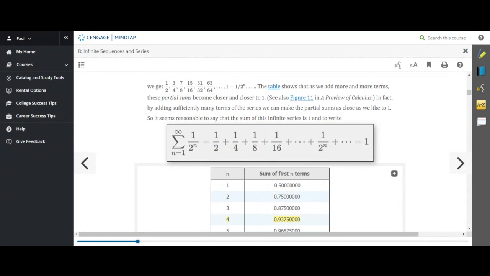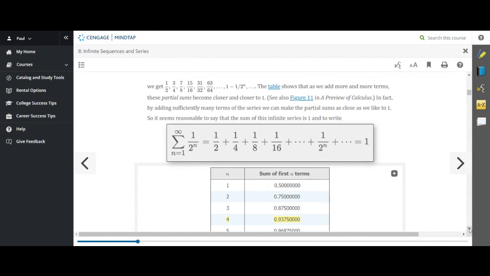Absolutely amazing. Even though you keep adding more and more positive terms, the rate at which they approach 0 is fast enough so that the infinite sum equals 1. That's the idea behind the convergence of an infinite series.